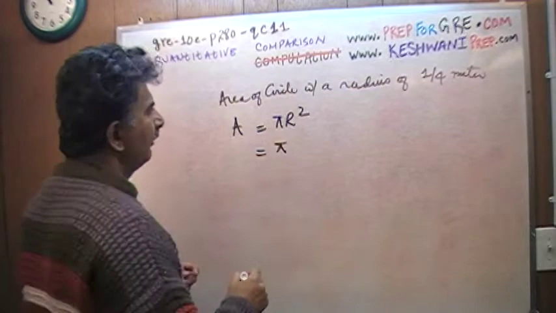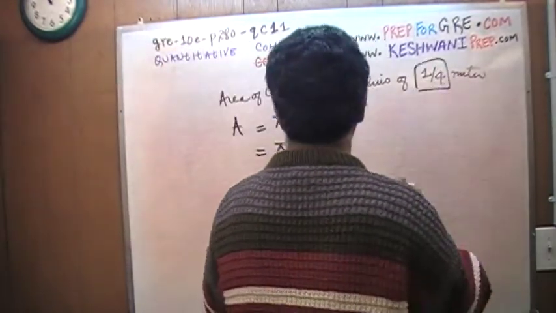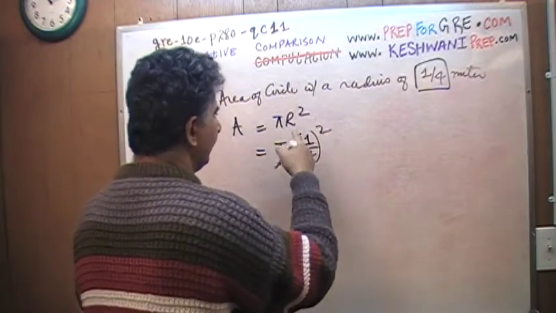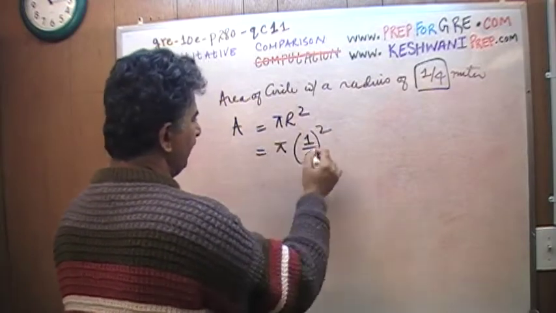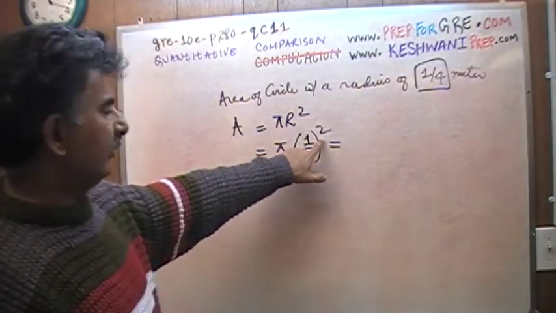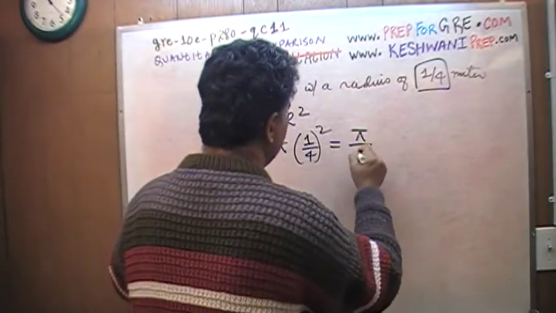Pi r squared. Well, we're told that r is 1/4 meter. So 1/4 squared, r squared, 1/4 raised to the second power is going to be 1/16. So it's just pi over 16.